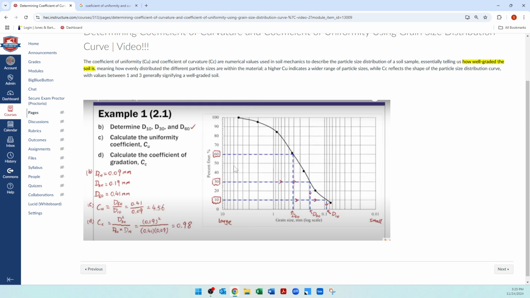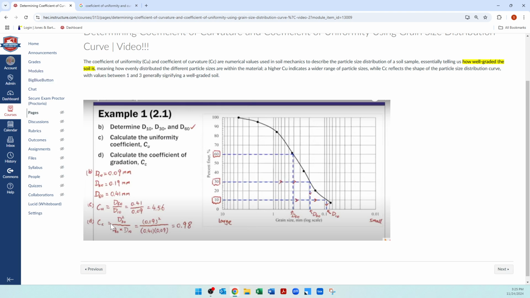But to get to this point, we had to go through these calculations, by reading it from the SimLog from right to left. We were able to take the formula. Here's the formula for uniformity: the 60% diameter divided by the 10% diameter, which is 0.41 divided by 0.09.